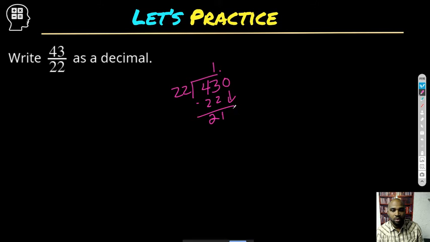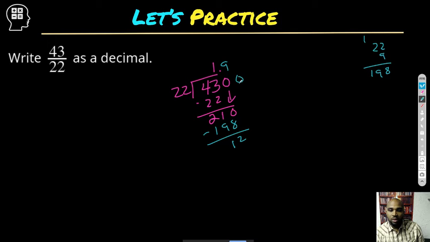Bring this down. 22 goes into 210. I'm going to guess 9 times. 198. Yep, 9 times, so that's 198, leaving us 12 after we subtract.